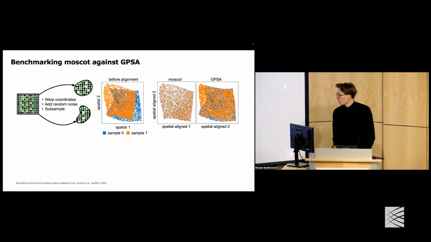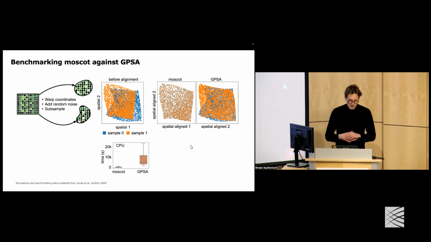If you do that with Moscot, you get this left alignment here. If you do with GPSA, you get this right alignment here. So qualitatively, it looks like Moscot finds a very nice alignment here between these two spatial samples. Looking at time, so far we only ran a CPU time benchmark. I suppose both methods can make use of GPU acceleration. So if you go to the GPU, probably both of them will perform better.